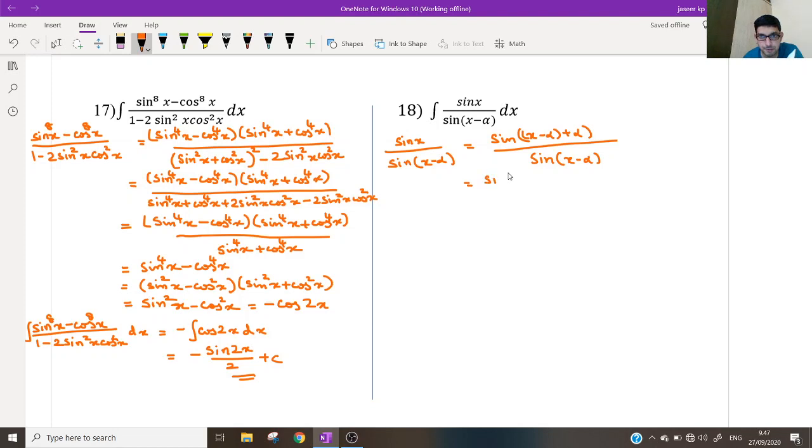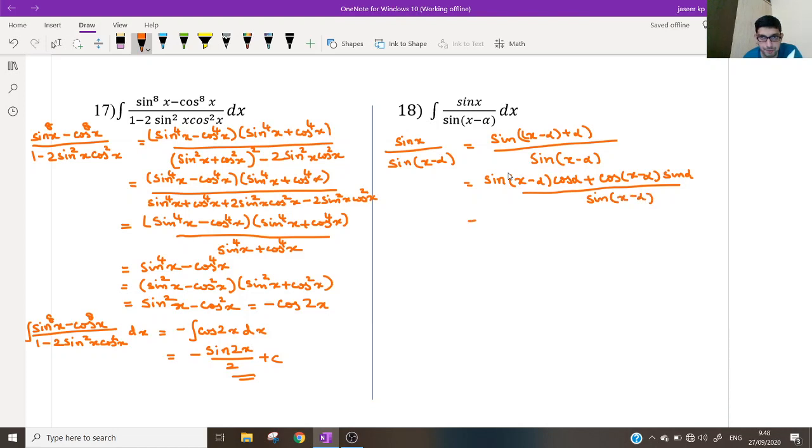So here the numerator is of the sine a plus b form. So that can be simplified as sine x minus alpha cos alpha plus cos x minus alpha sin alpha. So that is the sin a plus b formula, sin a cos b plus cos a sin b, divided by sin of x minus alpha.